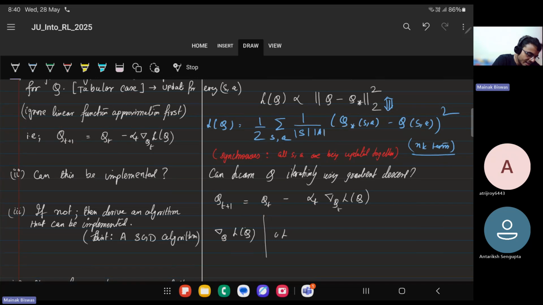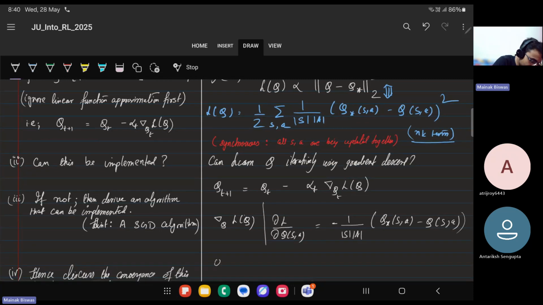So dL dq of s comma a, what is it equal to? Minus 1 by sa, q star of sa minus q of sa. Yes or no? Yes, sir. This is the derivative, correct.